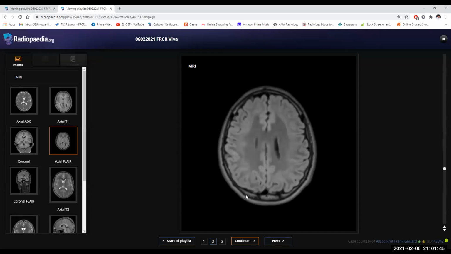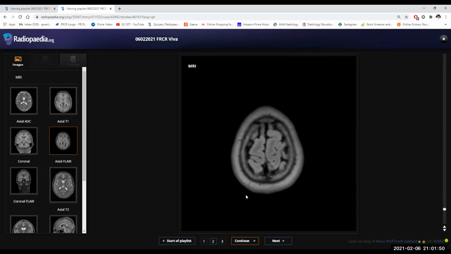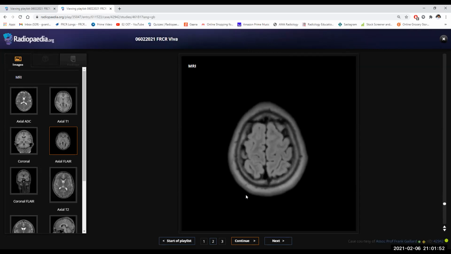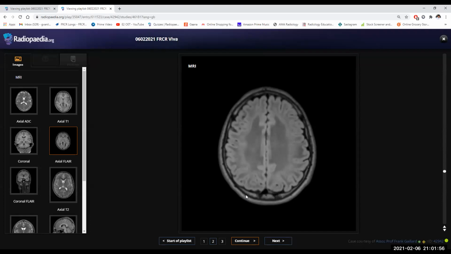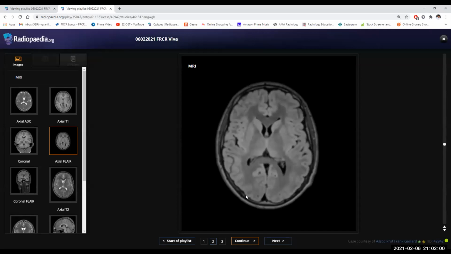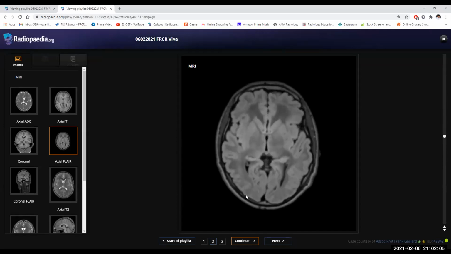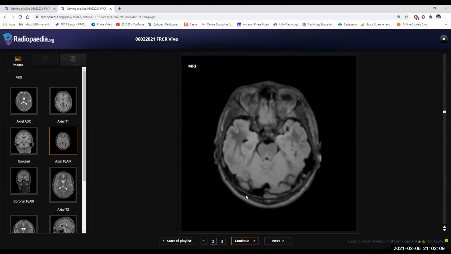From the FLAIR and the T2, I have not been able to pinpoint any abnormality. The cortical sulci and gyri look fine. The basal ganglia, the thalamus, the internal capsule, at least on FLAIR, look okay.